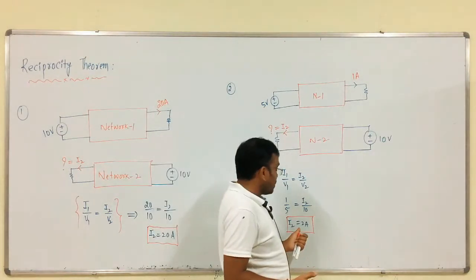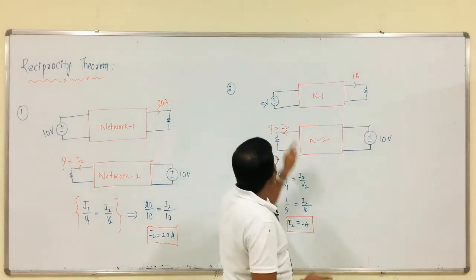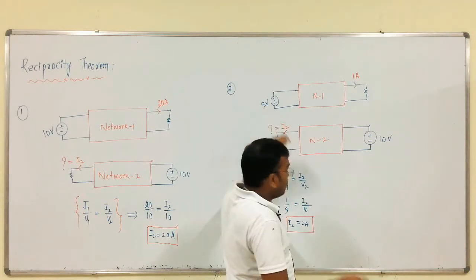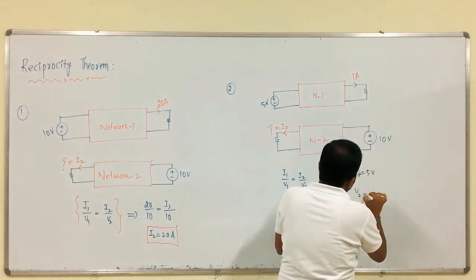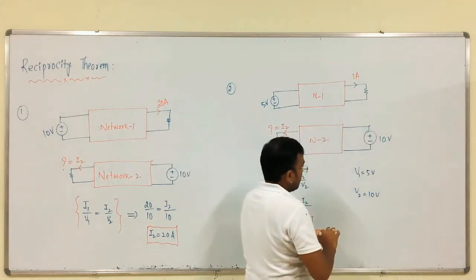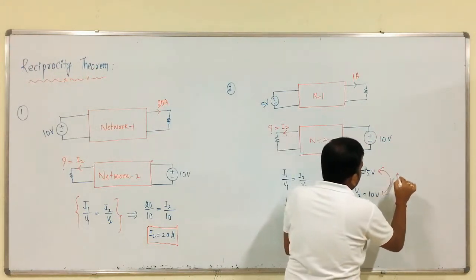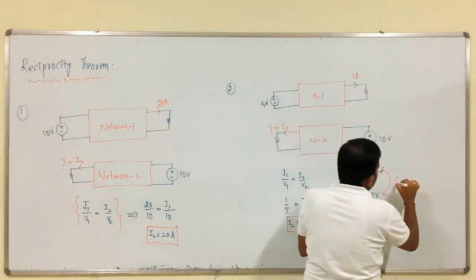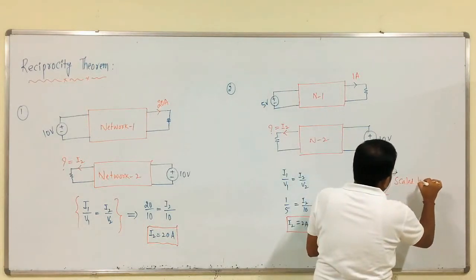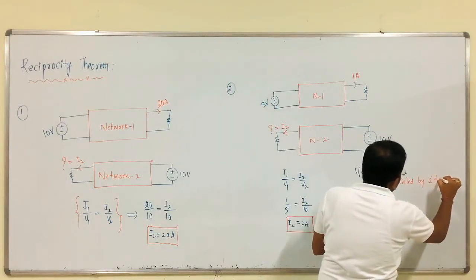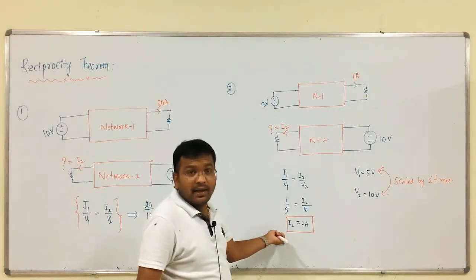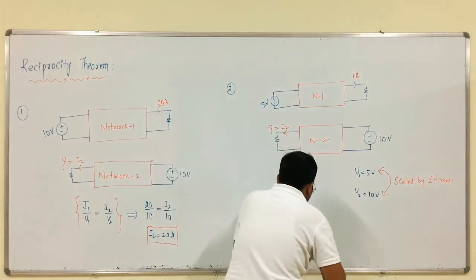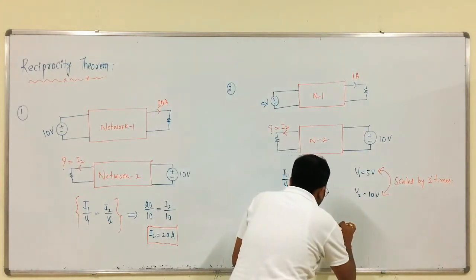See, here V1 is equals to 5 volts, V2 is equals to 10 volts. Means here the excitation is scaled by 2 times. That is why output current also scaled by 2 times.